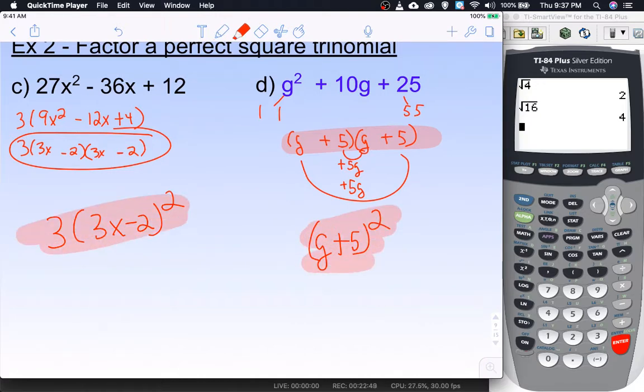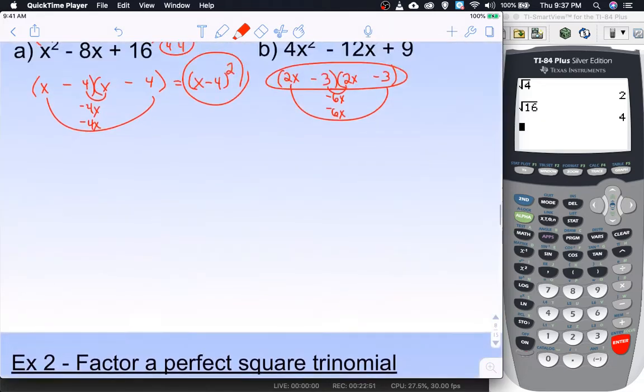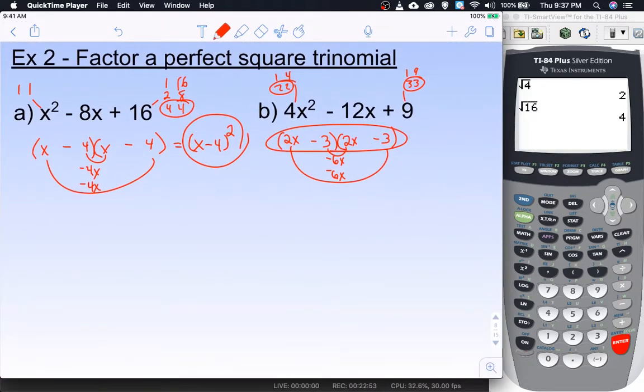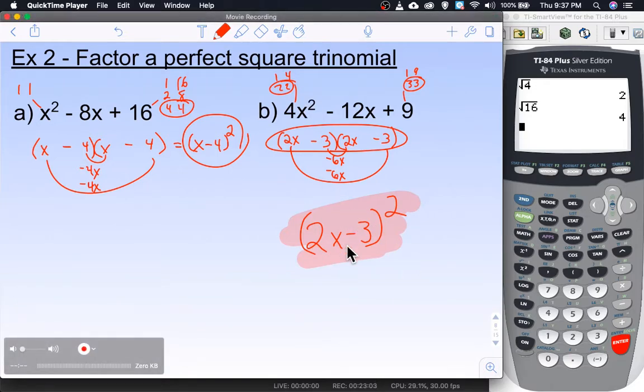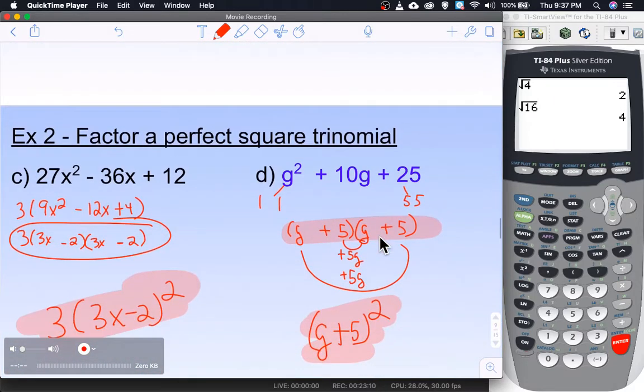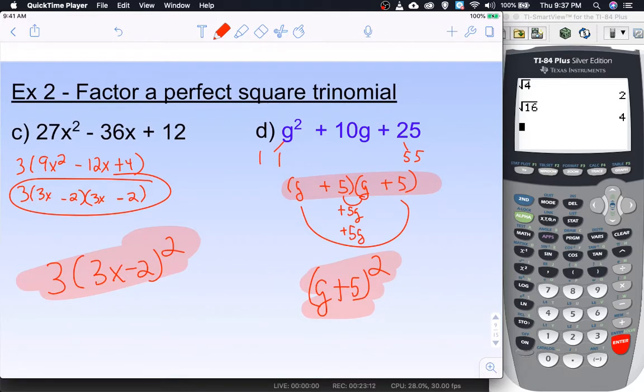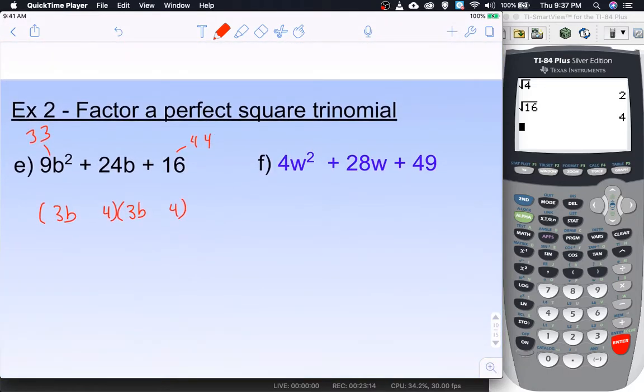I forgot to do that. I don't know if I'd call it the better answer. 2x minus 3 squared. They're equivalent. I think you're more likely to see this as an answer because it's more condensed. So I wanted to make sure that we talked about that. I've forgotten the past few problems.